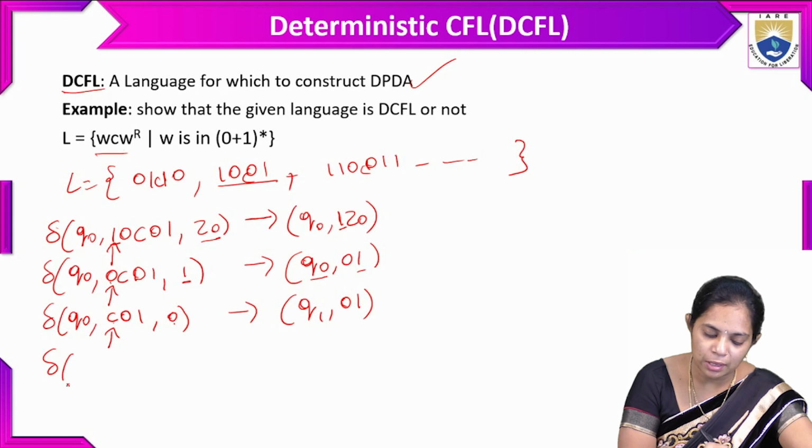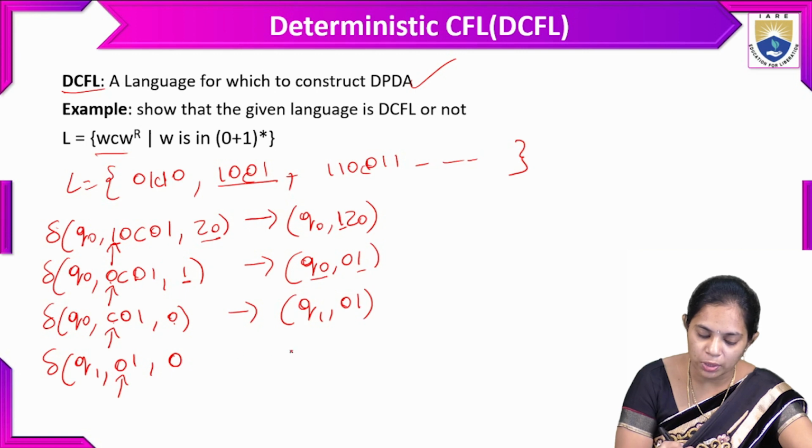Again in Q1, we have already consumed C, and the top of the stack symbol is 0 only.